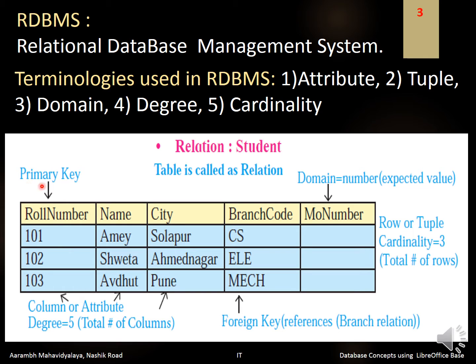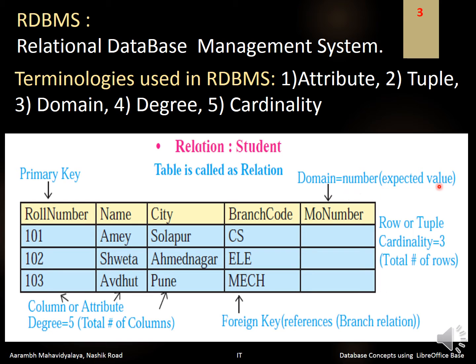In the next lecture we are going to study in detail the meaning of primary key, candidate key and foreign key. Currently just remember that the primary key must be unique. It will not get duplicated. That means if you provide the roll number 101, then you cannot enter the same number again.